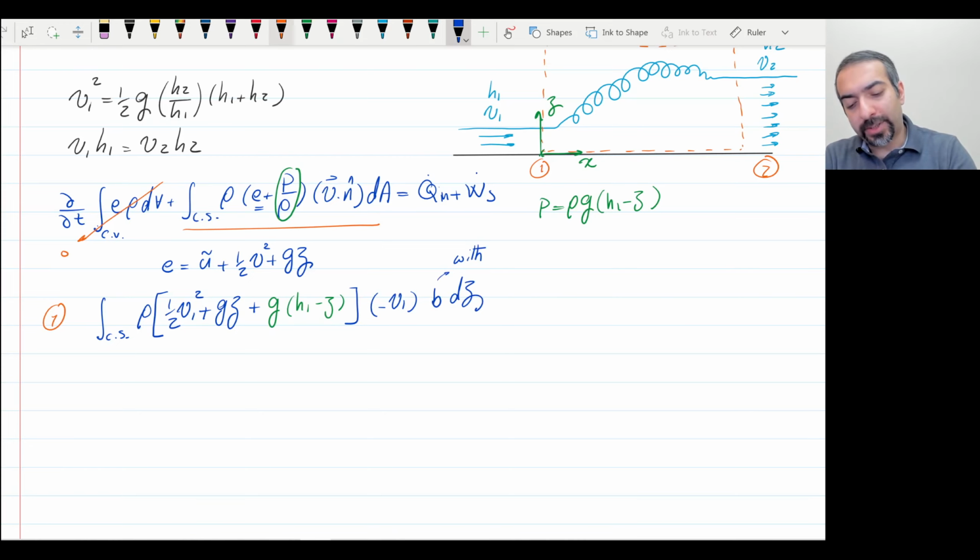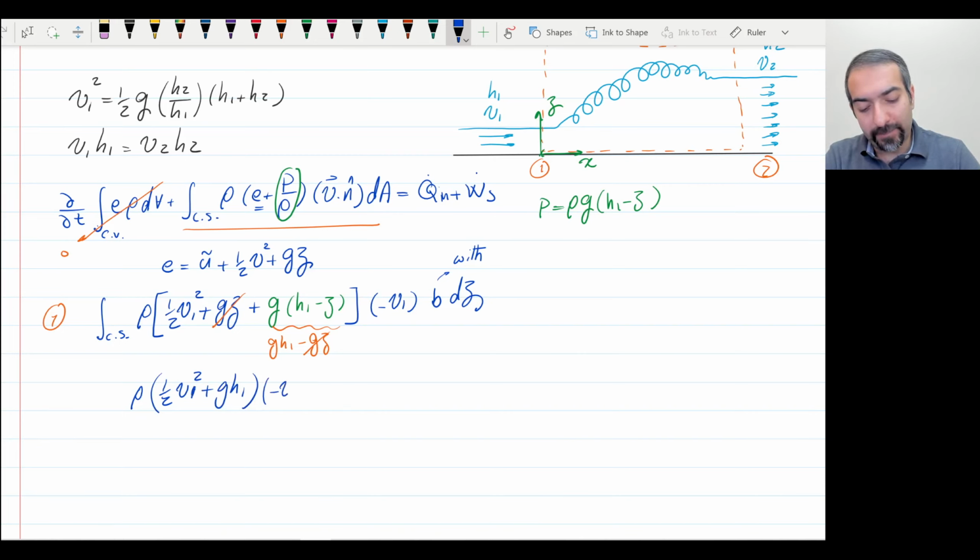Interestingly, this is going to be gH1 minus gZ, and the minus gZ cancels out the gZ. I'm left with rho (1/2 V1 squared plus gH1) times negative V1 times B, and the integral of dZ from 0 to H1 just gives me H1.